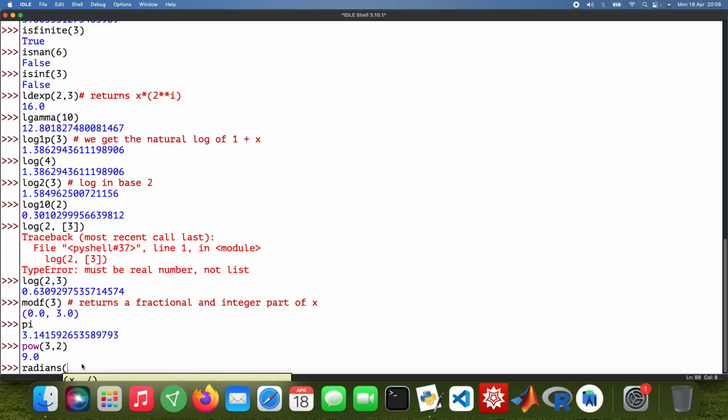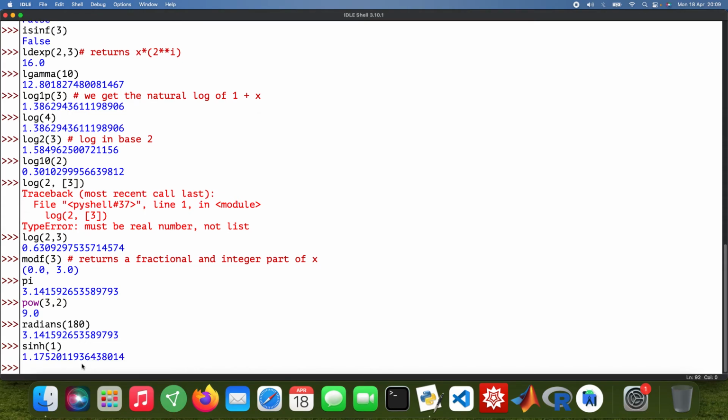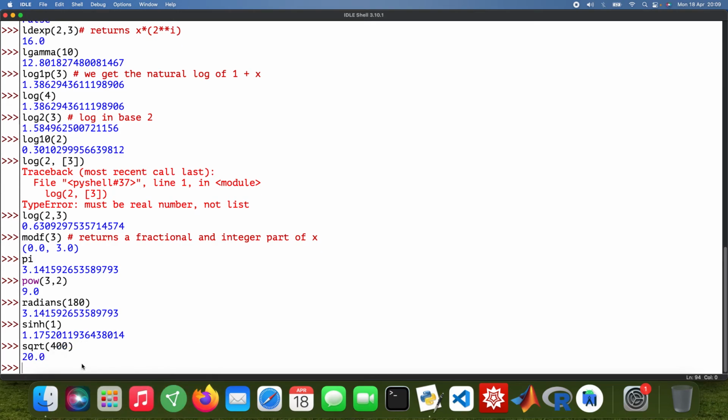This would convert an angle in degrees into radians. So 180 degrees, which is pi. And then my square root. So square root function, I'll say 400, so that'll be 20.